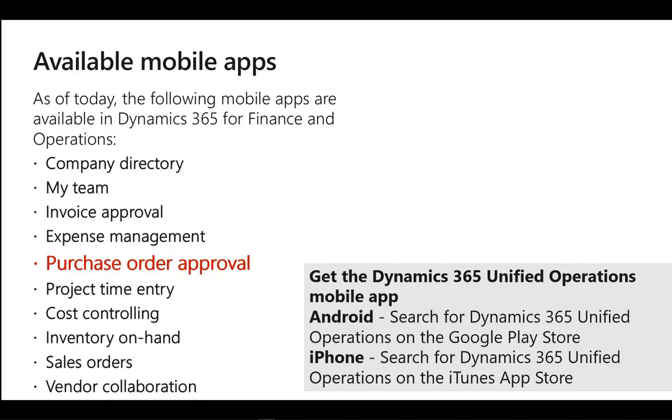Purchase order approval, which allows us to view and respond to purchase orders with actions such as approve or reject with purchase order approval workflow. Project time entry. We can use that to enter and save time against the project by using our mobile device.